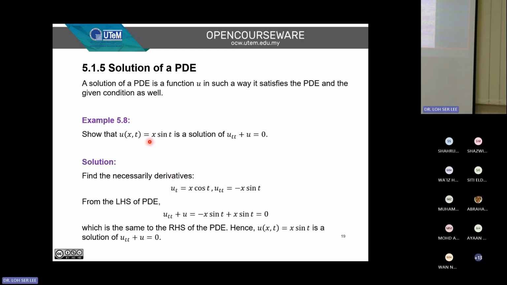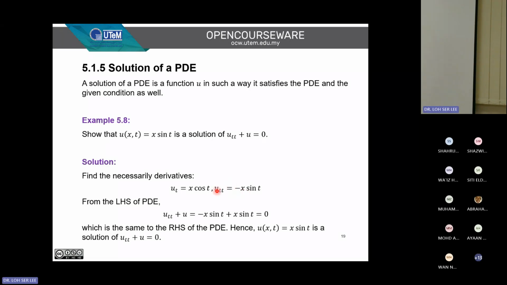UT means we differentiate with respect to T. But now you have X and T, so when differentiating with respect to T, we assume X to be constant. When you differentiate sine T, you get cos T. X is a constant, so you have X cos T. But what we want is UTT, so you differentiate one more time with respect to T. X is a constant, so when you differentiate cos T, you get negative sine T times X.